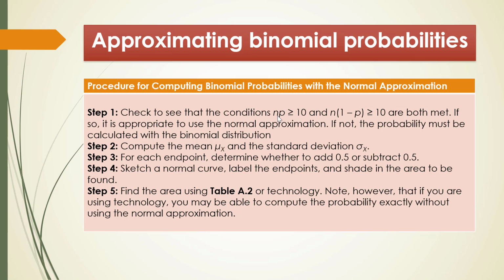And step 5, we use table A2 or technology to compute the area to the left or to the right depending on the question. Note that if you are allowed to use technology, you may be able to compute the probability exactly without using normal approximation. So the normal approximation is good when you're not allowed to use technology. You have to compute by hand.